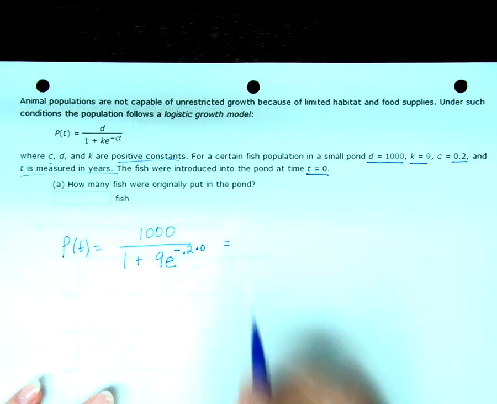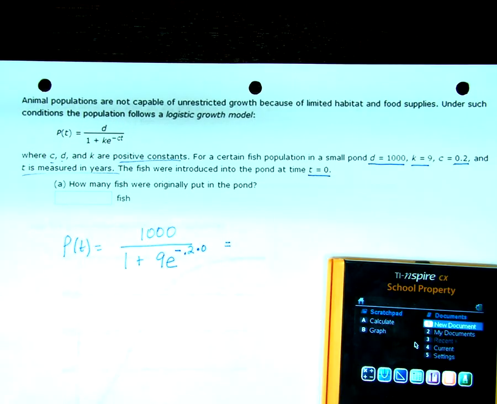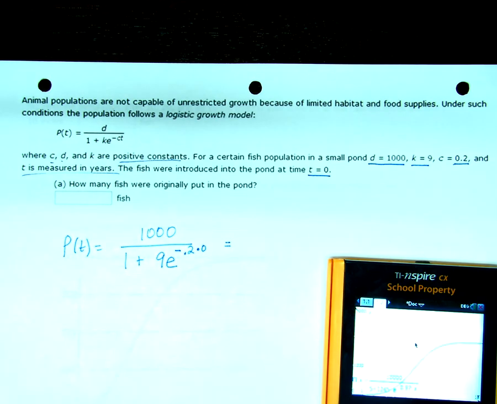Okay, so when I put that into my calculator, let's just go ahead and do that together this time. I need a fraction, so I need 1,000 divided by 1 plus 9, e raised to the negative 0.2 times 0 power.